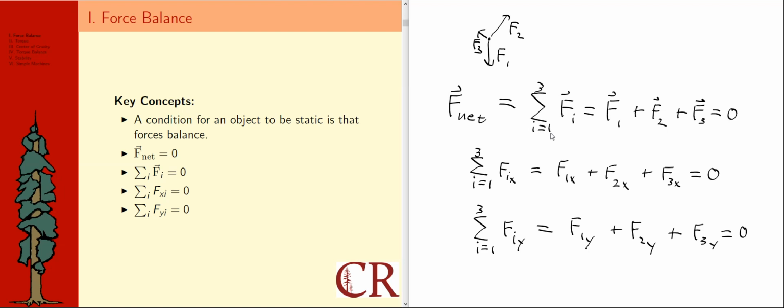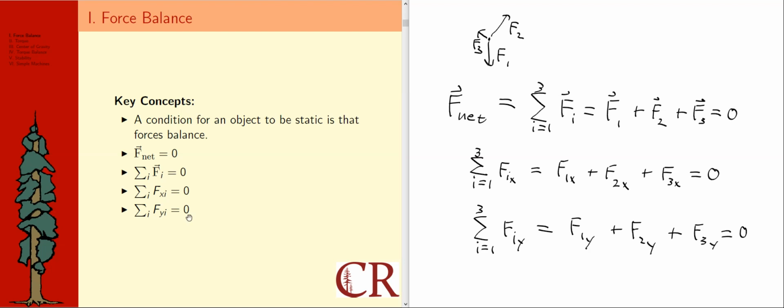In this case, there's 3, so that means 1 to 3. We're summing over all those forces, each one indexed with that variable i. What that really means is I'm just going to do F sub 1 plus F sub 2 plus F sub 3, so 1 through 3. And then the condition for statics is that that should be equal to 0.